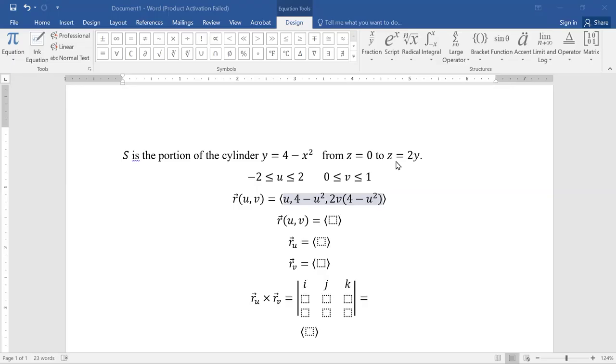And with a v value of 1, I should get 2 times y. That, in this case, would be 2 times 4 minus u squared. When I simplify that, I'll get u, comma, 4 minus u squared, comma, 8v minus 2 times u squared times v.